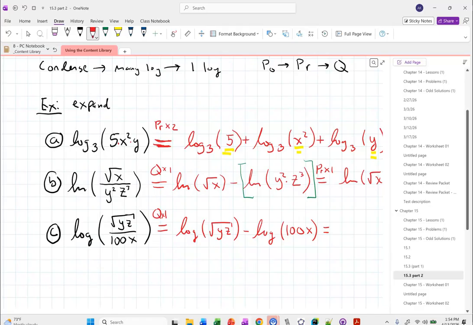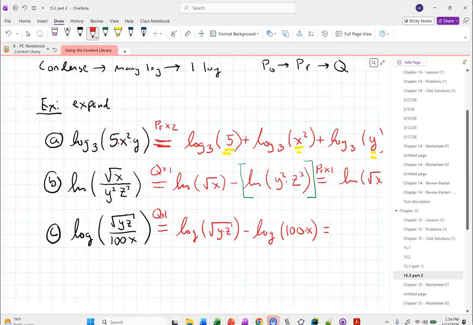What's next? Product property. How many product properties do you see? Two, right? One in the first logarithm and one in the second logarithm. Everybody agree? Yeah. Now there's a little hitch here though. Oh dear. What's the hitch? Well, y times z. What's the problem with the y times z?